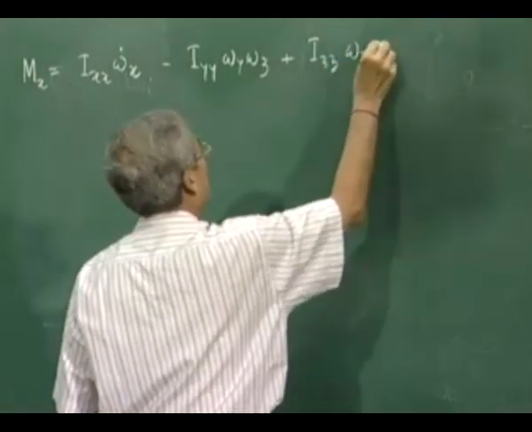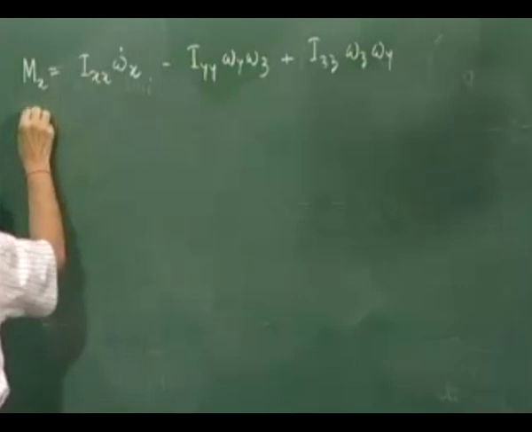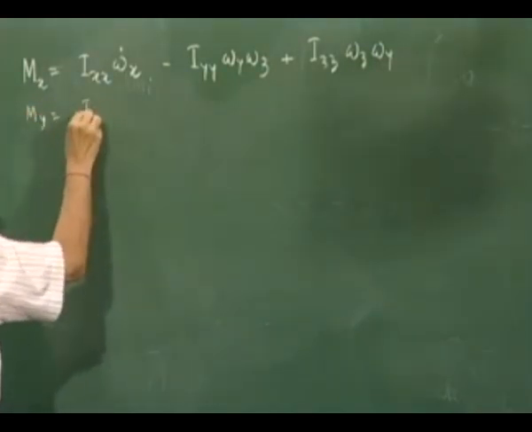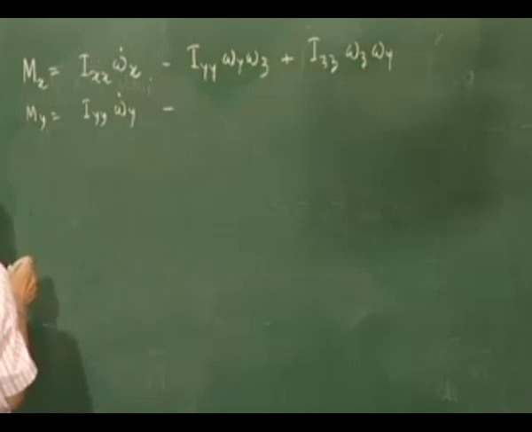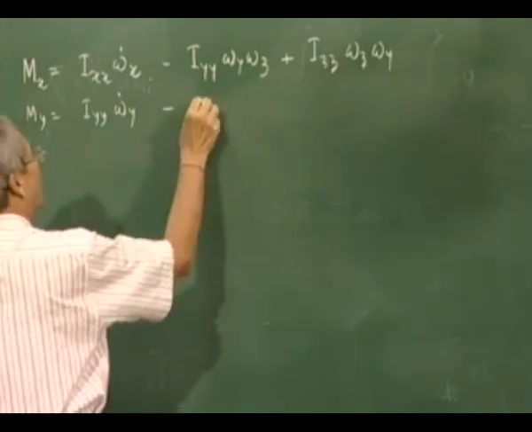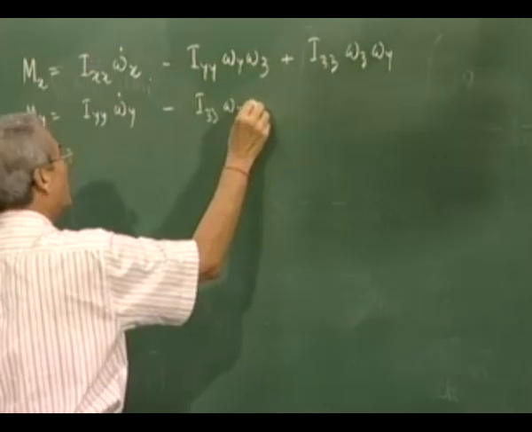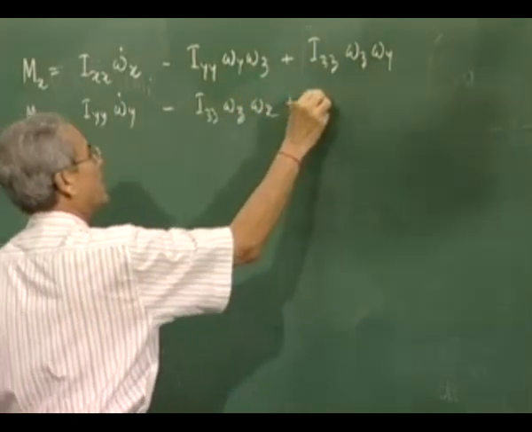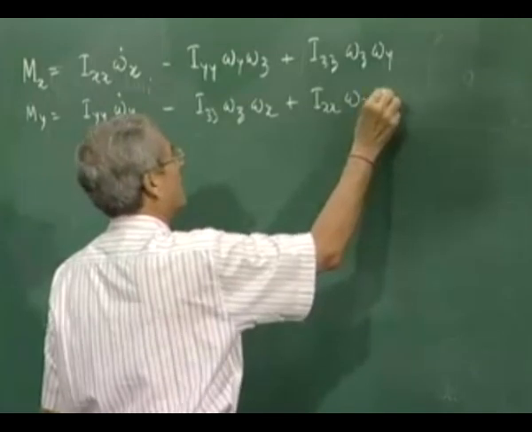My is Iy omega y dot minus Iz minus Ix omega z omega x.